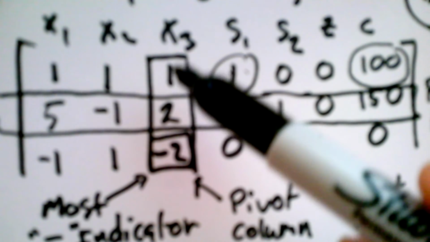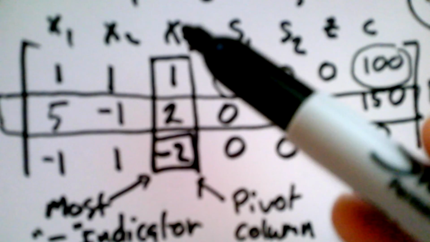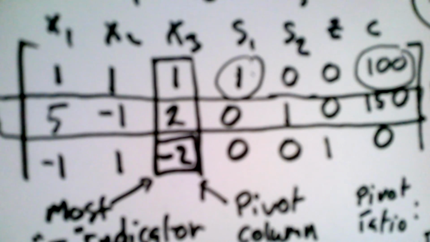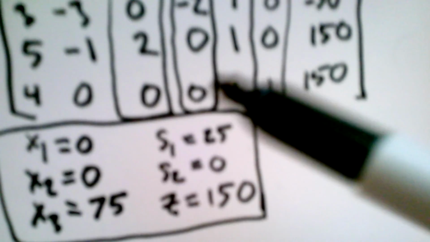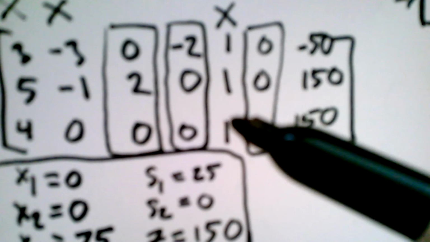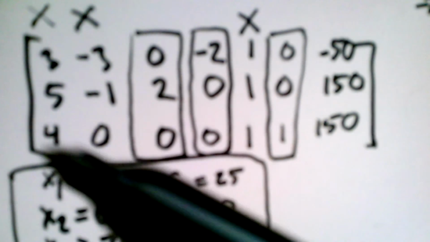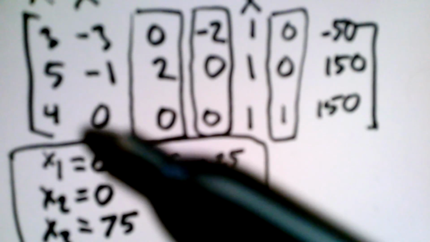On rows that have more than one non-zero entry, you let those variables be 0. And so that's how we read our matrices, just like we did here. We read off our matrix. When all of our indicators were non-negative, that indicates that we're done. We read off the 3 columns that have exactly one non-zero entry in them to get the values for those variables. And we killed off the variables that had more than one non-zero entry, setting them equal to 0.